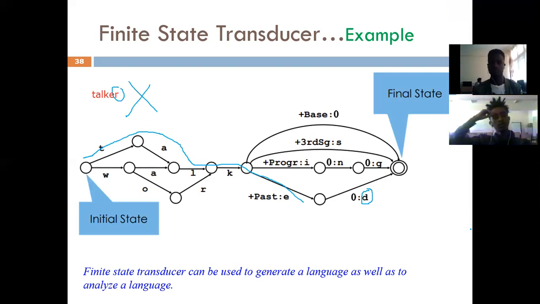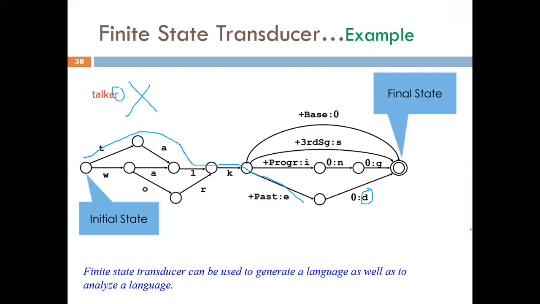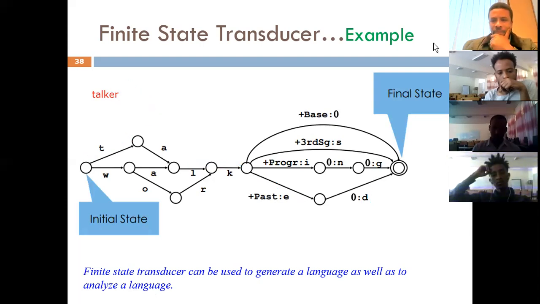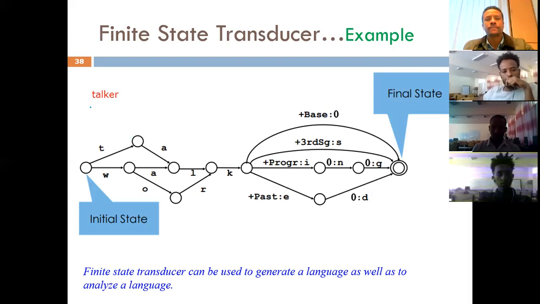Okay, good. Now, if you have this, how many possible words can you generate from this finite state model? How many words can you generate? 3. Okay, give me the 3 words.